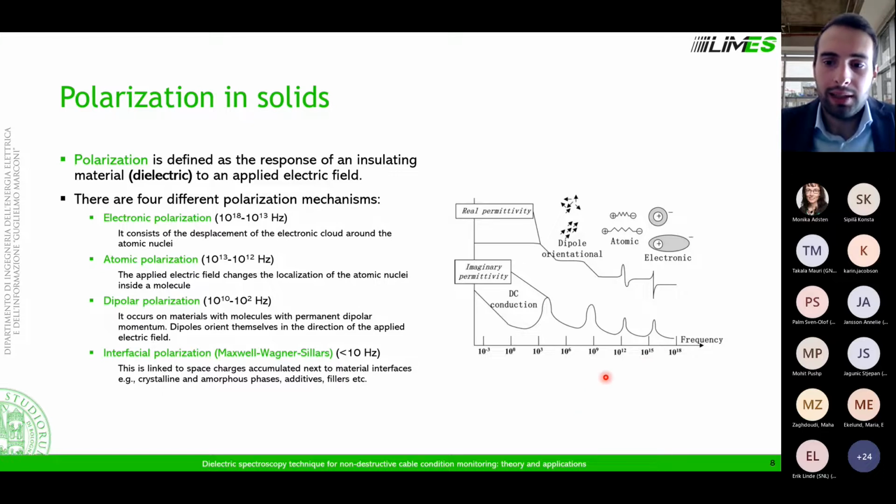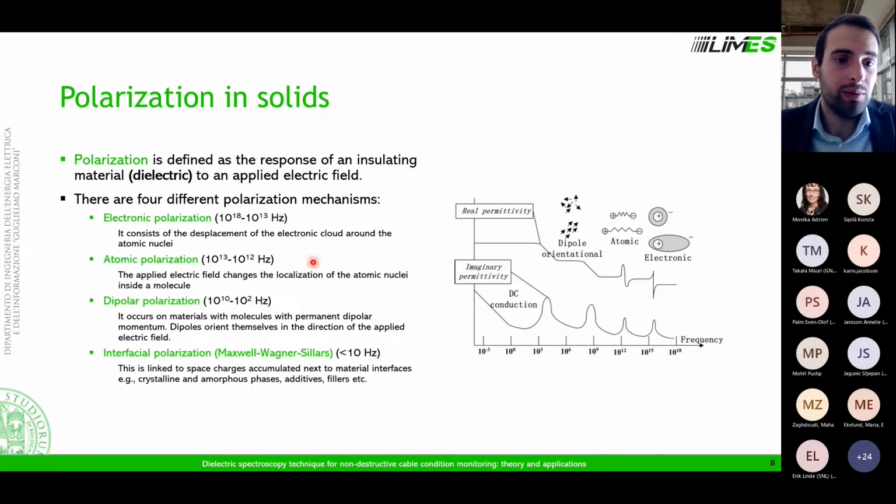Here in the graph you can see the trend of the real and imaginary part of permittivity as a function of the applied frequencies. So the first polarization, which occurs at very high frequencies, in this frequency region 10 to the 18th up to 10 to the 13 Hertz, is represented by the deformation of the electronic cloud around the atomic nuclei.